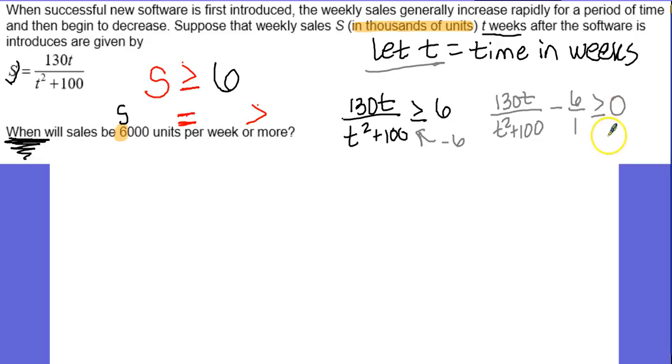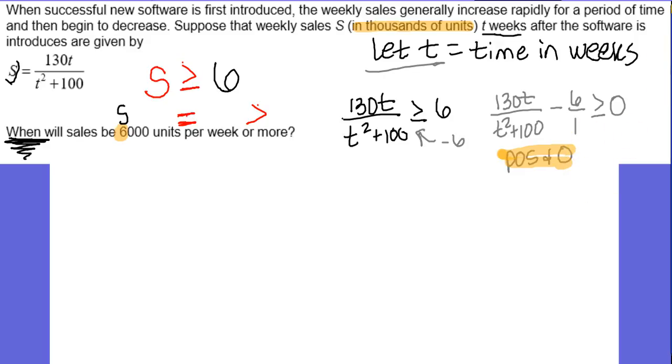And then I'm going to stop and make a decision. What am I looking for? What kind of numbers if I'm greater than or equal to 0? Positive, and 0. So I'm going to highlight that. That's my focus, that's what I'm looking for. When are my sales above or equal to 6,000?